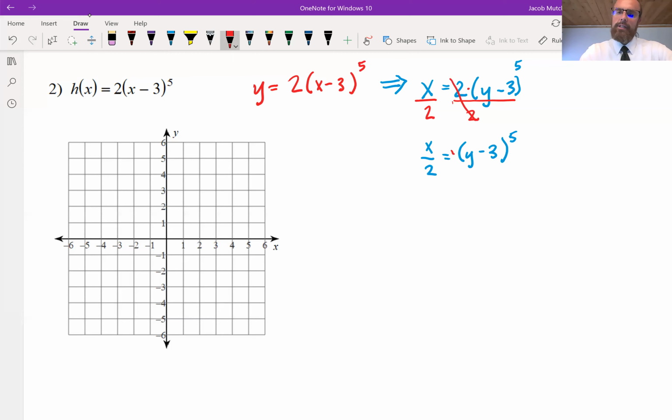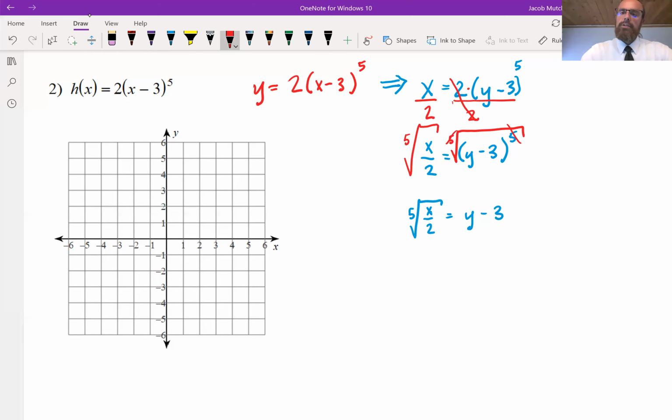So I'm going to take the 5th root. And that'll cancel the power of 5 on the right, and it will persist over there on the left. So now we've got the 5th root of x divided by 2 equals now just y minus 3.